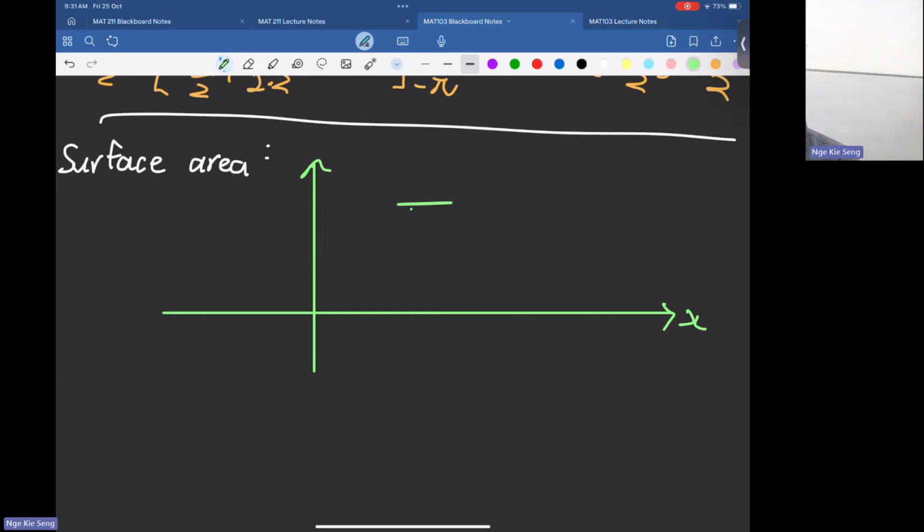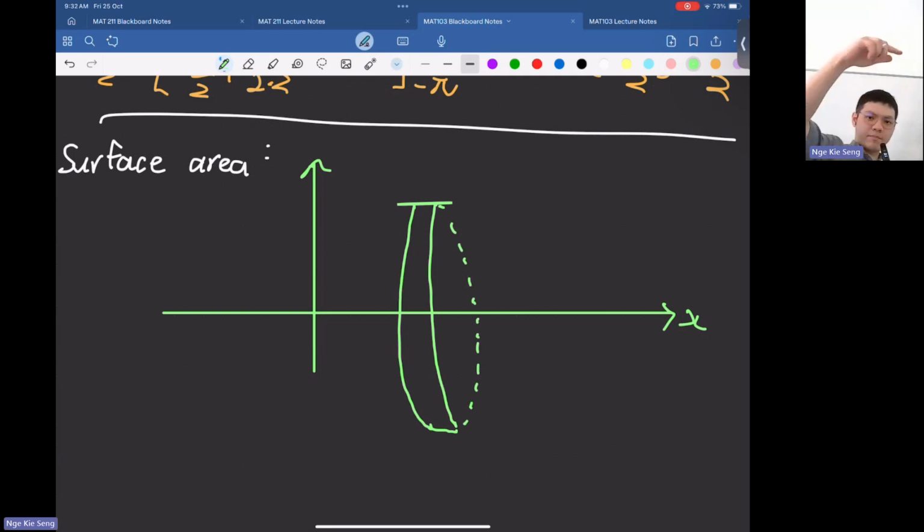So you revolve around this x-axis. What do you actually trace out? A cylinder. Right or not? Trace out this cylinder here.